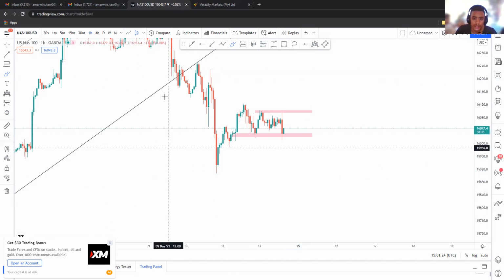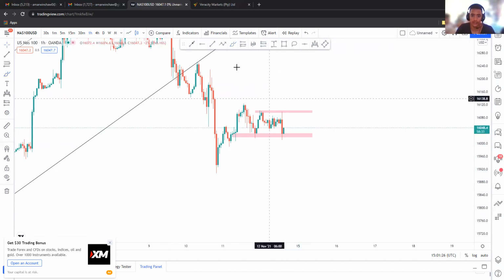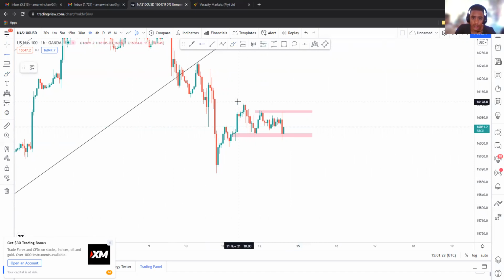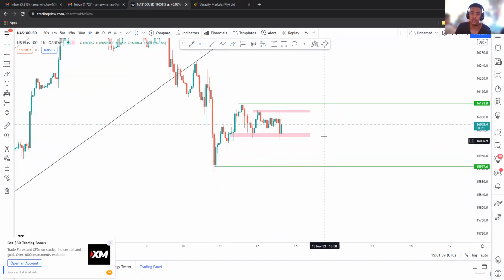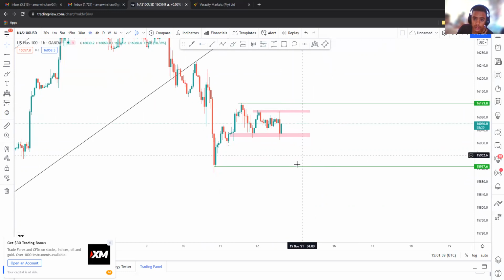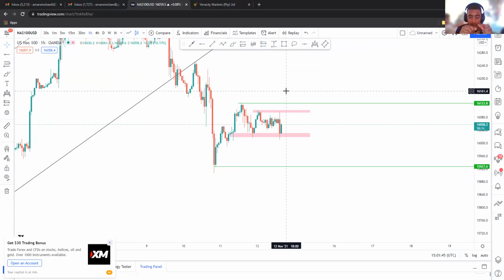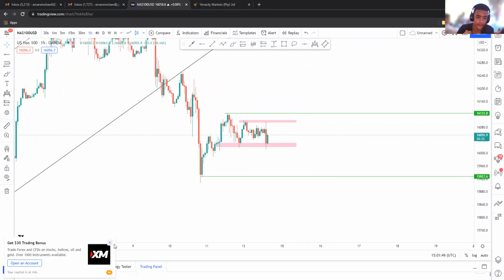That's all that I'm looking for at this moment. But bear in mind, I'm taking into consideration these lows over here, these highs, and then this low over here. I would rather just take this low, because this could be a significant zone as well, and this could be a significant zone as well. I'll keep you guys updated about this setup, but at this moment, I'm just being very patient on Nasdaq.